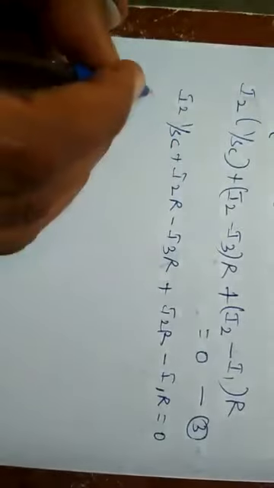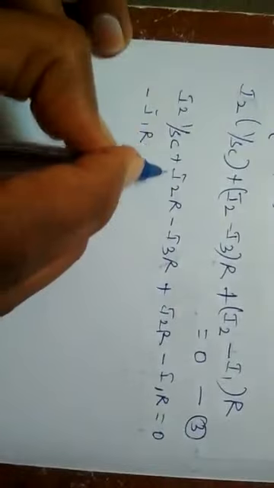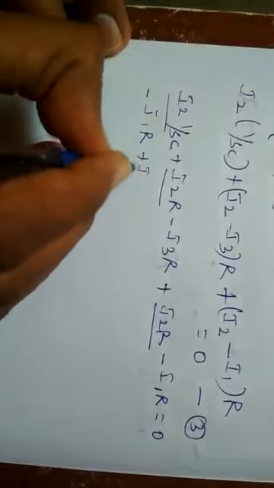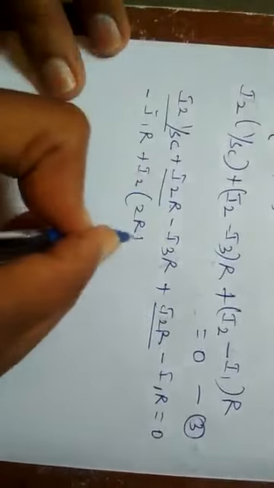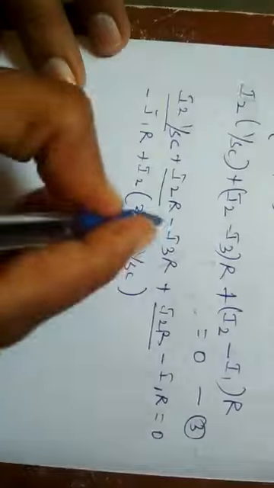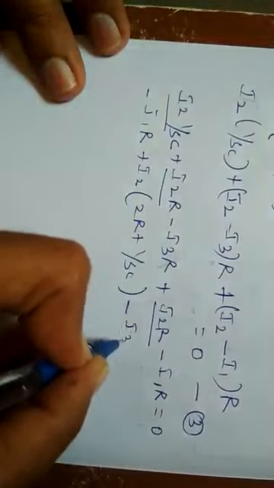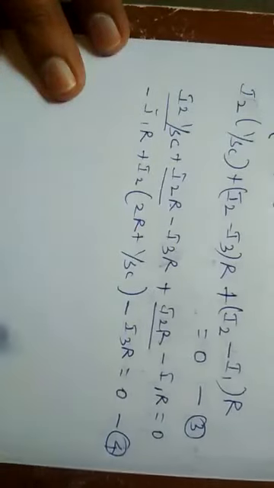Only one I1 is there, so minus I1 into R, and I2, take I2 common, R plus R, 2R plus 1 by SC, and we'll be having one I3, so minus I3 into R will be equal to 0, equation 4.